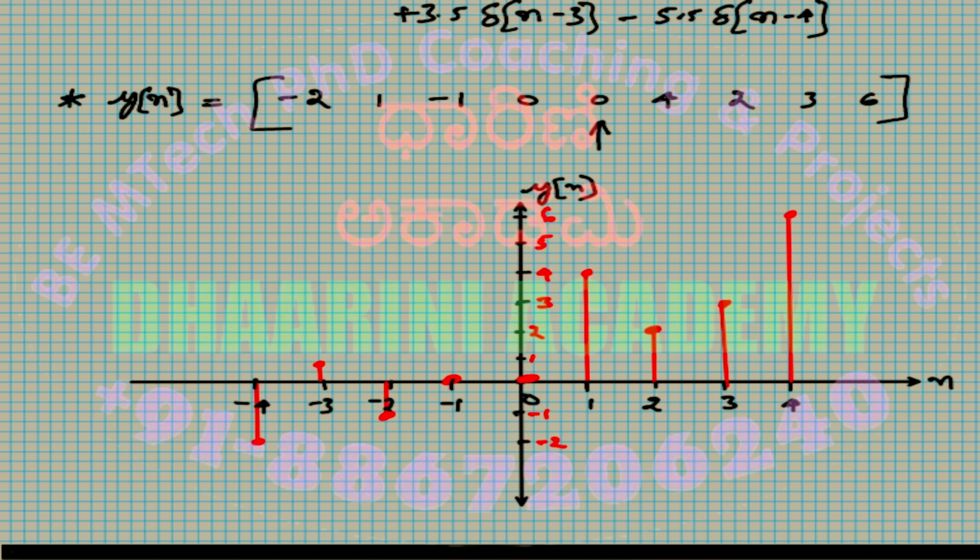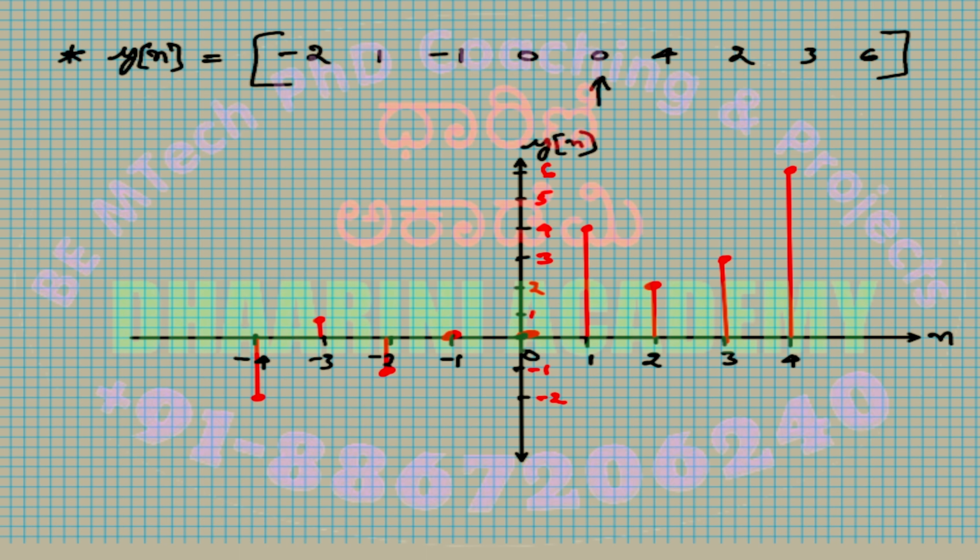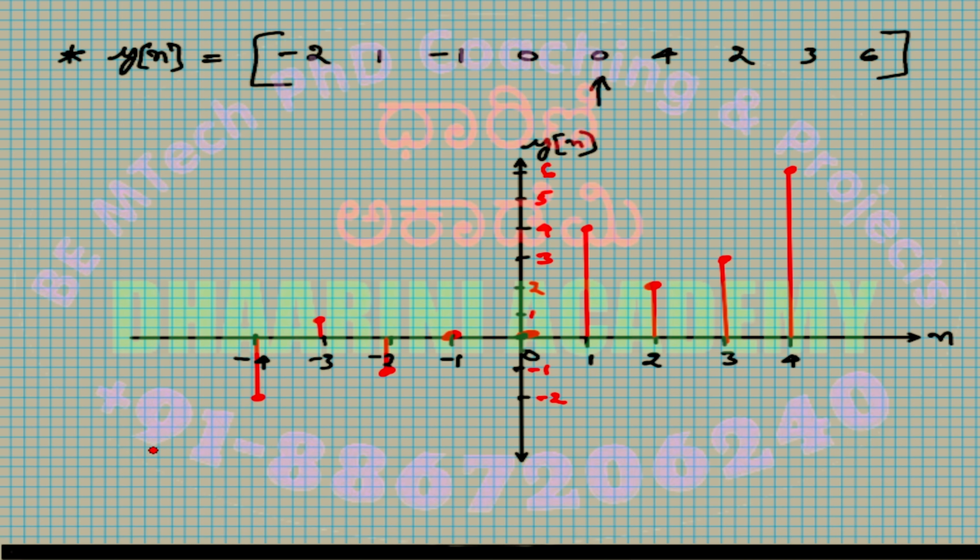Now you have to convert this into the equation. Just look at the position of the impulses or the delta functions and convert this into the equation format. So the equation of this function y of n equals minus 2 into delta of n plus 4.